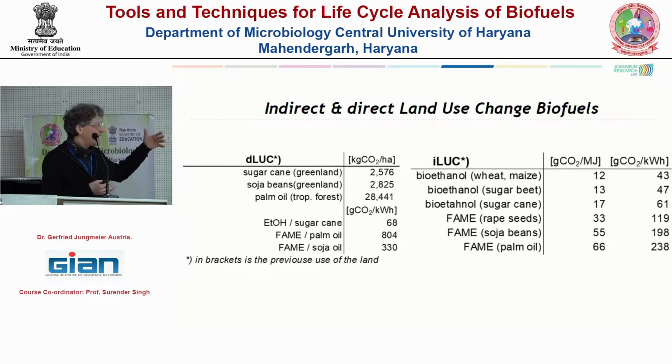So it's even higher than gasoline or diesel, because these carbon effects are very strong. But it's an effect only happening once, and after the first year, of course, this disappears, because you don't have any further change in the carbon storage if you do sustainable agriculture there.